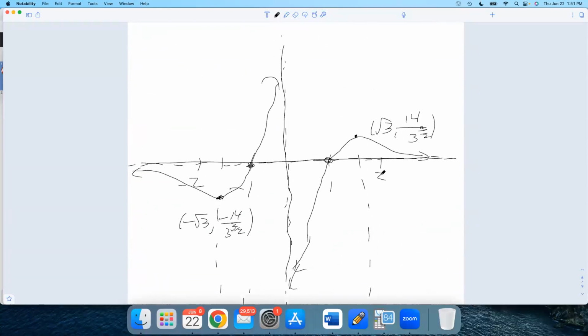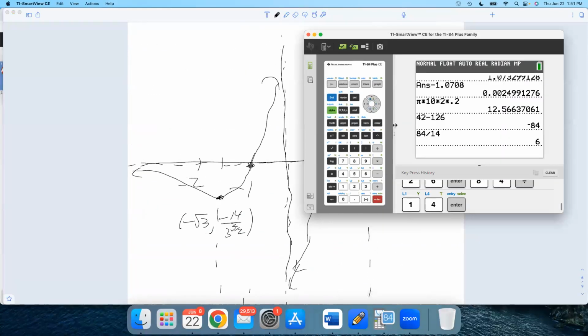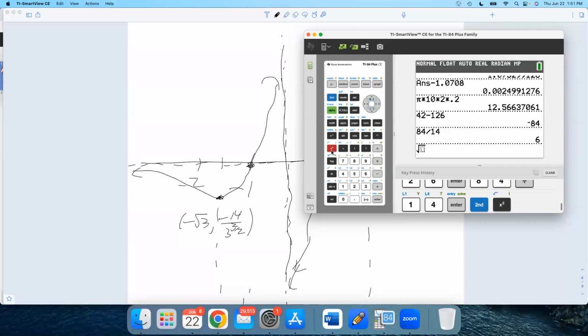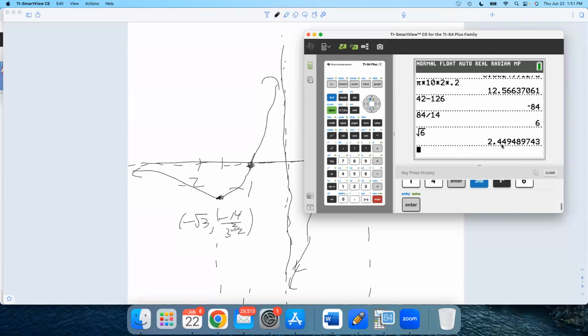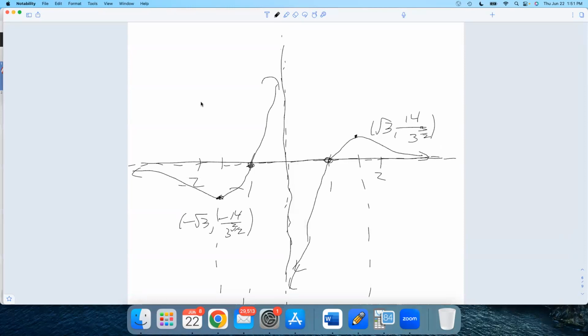Okay, negative root 6. Let's get our calculator out just to get an idea how big that is. Square root of 6. It's like 2.5-ish. So it's going to be about here, and same on the other side. So that was negative root 6, negative 35 over 6 to the 3/2 power.